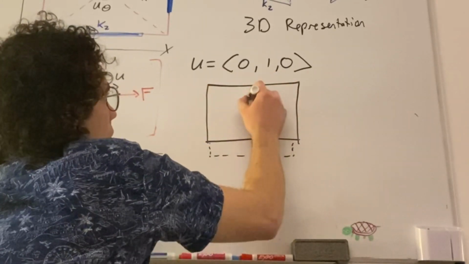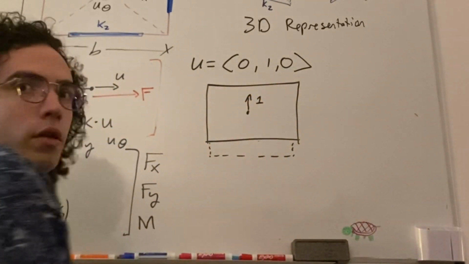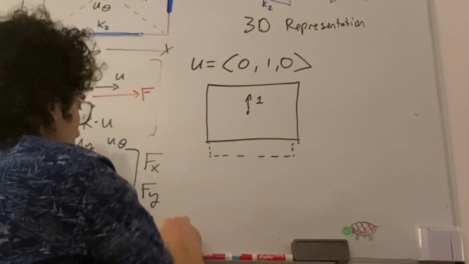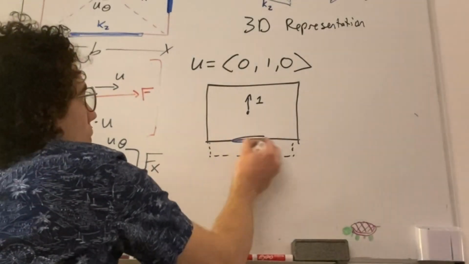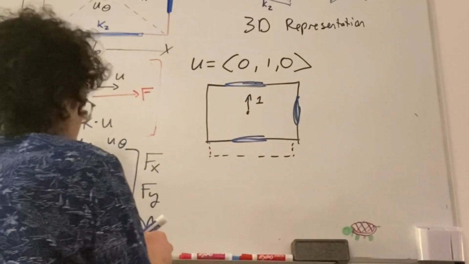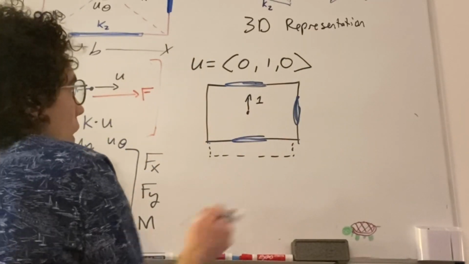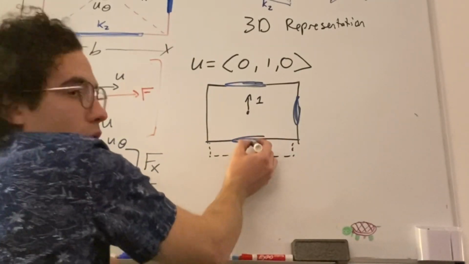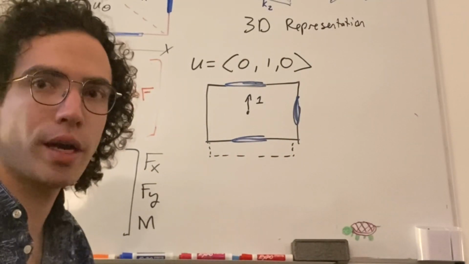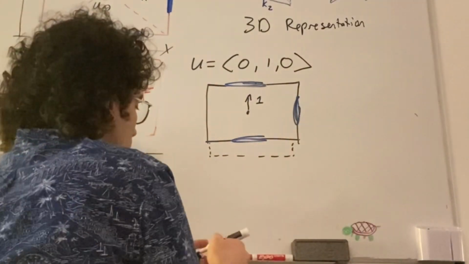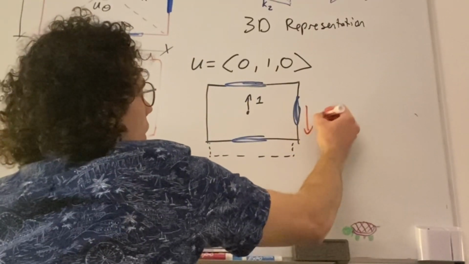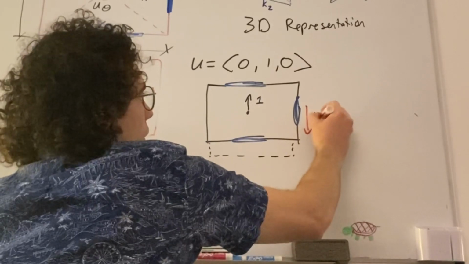So it has moved 1 vertically, and then you have the walls right there, and right there. And these don't have any forces. The walls in the x direction don't have any force in them because they're being engaged out of plane. But this one, you're going to have a force right here equal to K3 times 1.